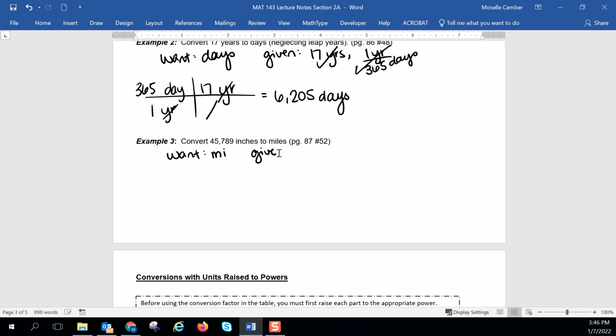What they give us is 45,789 inches. And then of course we need to get from inches to miles. Well, I don't know that conversion offhand, but I do know there are 12 inches in 1 foot, and I know there are 5,280 feet in 1 mile.